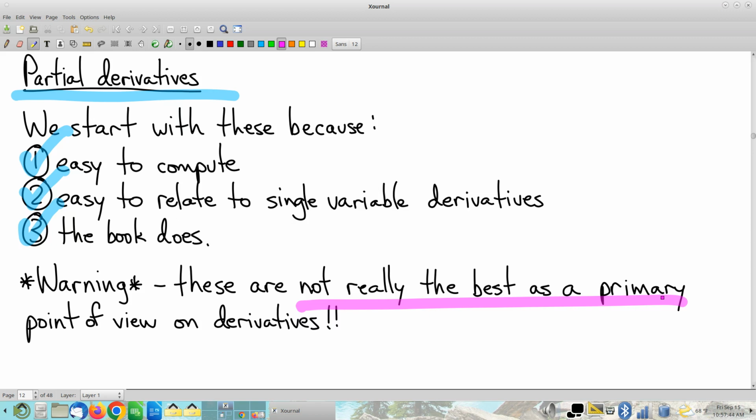So think of this as a starter example that we're eventually, I'm not going to say we're going to abandon it, but we're going to demote when we eventually, after doing some work, come up with a much better, much more powerful, much more natural point of view on derivatives. So don't think of this as laying your cornerstone on differentiation. This is not the cornerstone. Okay. All right. Moving along.